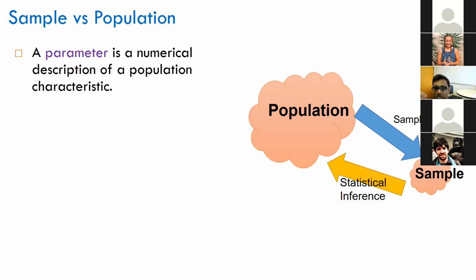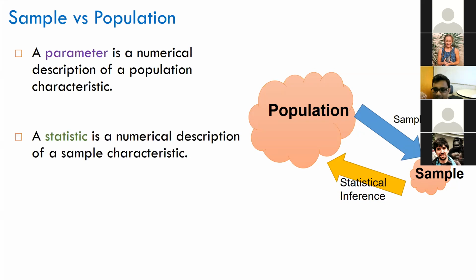Parameters are the descriptions for the population, and statistics are for the sample. So what you do is calculate statistics and then try to understand parameters. Even if you cannot understand these two terms, try to understand what is happening in the blue arrow and the yellow arrow, because that entire picture is your experiment.